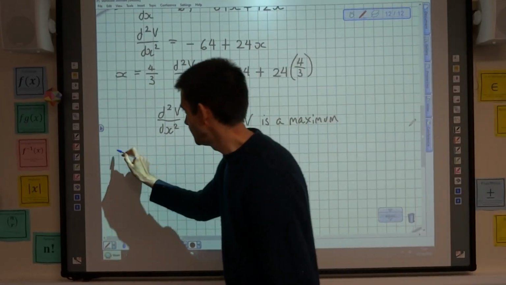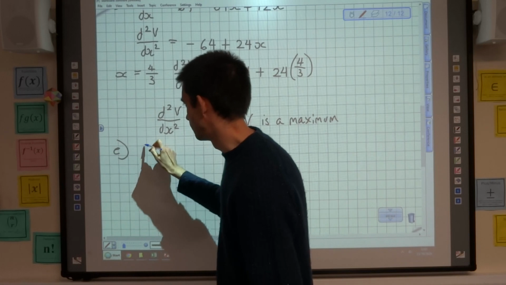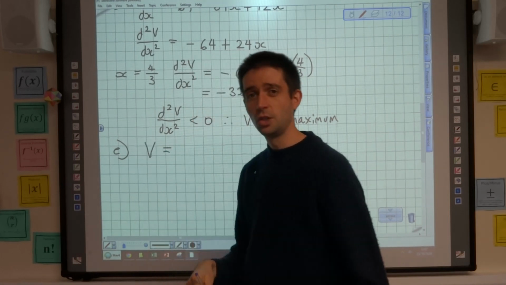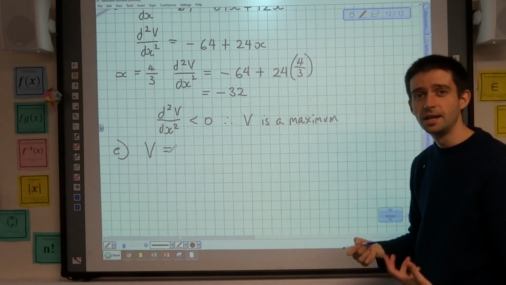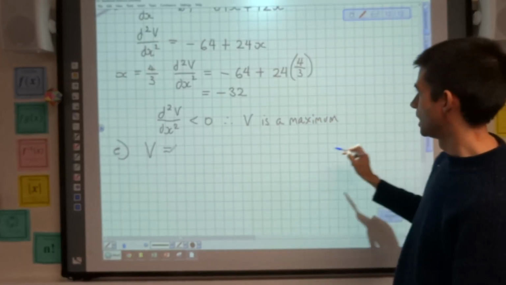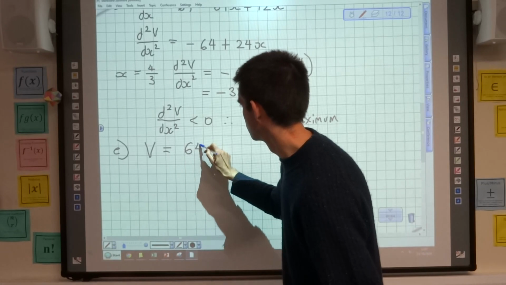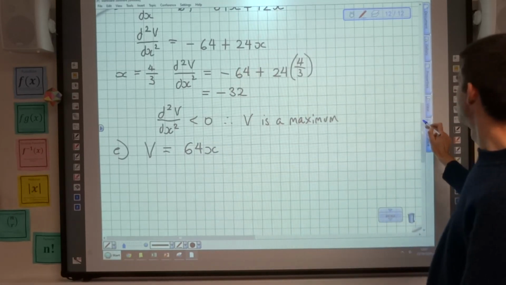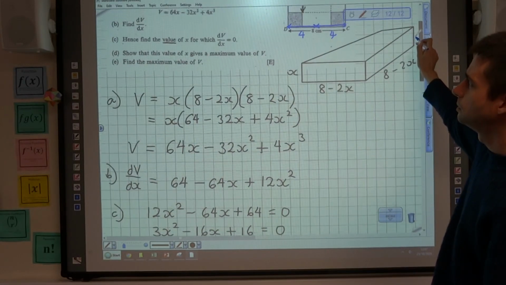So in part E, to find the maximum value of v, we need to substitute x equals 4 over 3 into our expression for v, which was 64x minus 32x squared plus 4x cubed. Was it? Yes, it was.